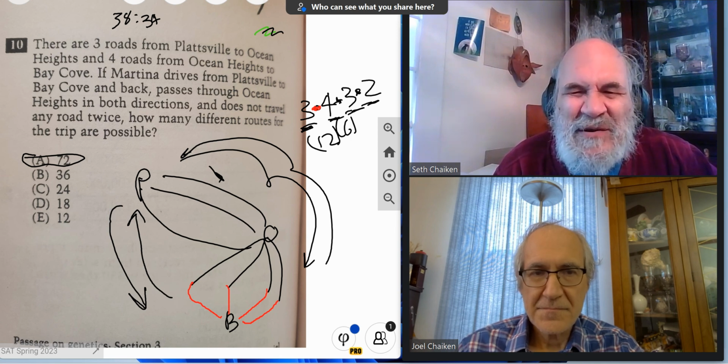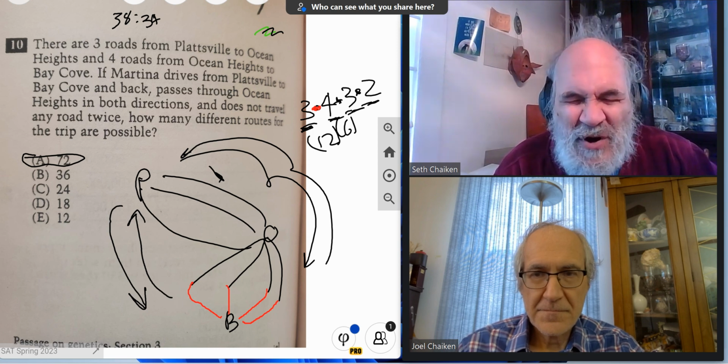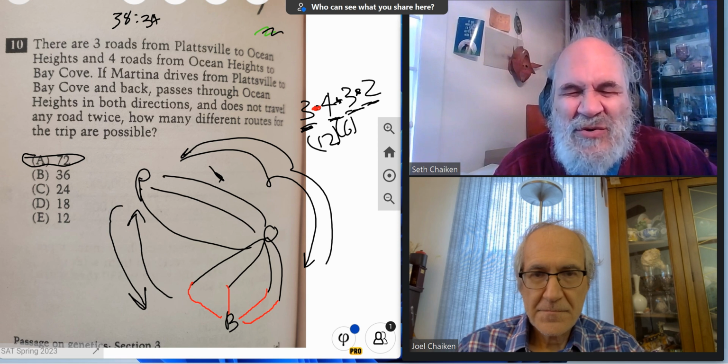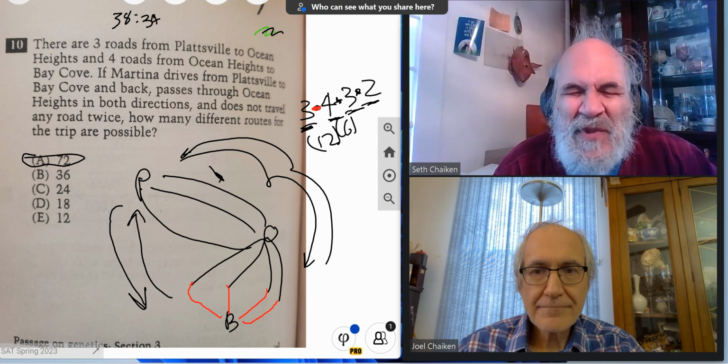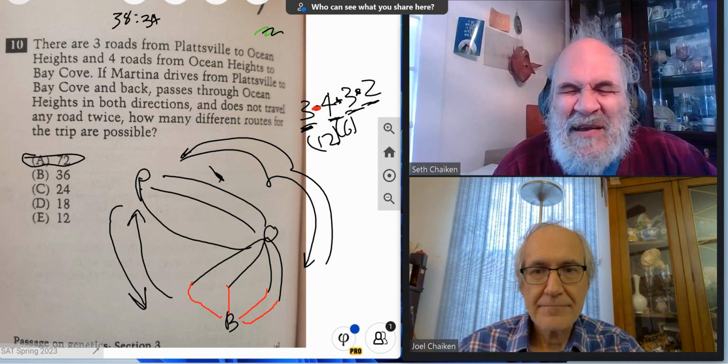What is the third menu? The third menu is all 4 of the roads except for the one road that you had already taken. Right. And so the third menu depends upon the choice that was made in the second menu.